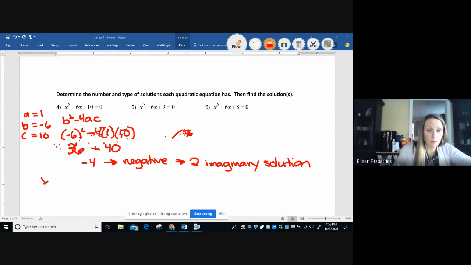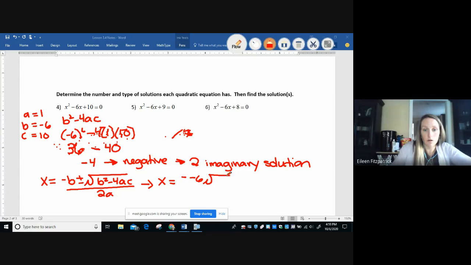Because the quadratic formula is -b plus or minus the square root of b squared minus 4ac all over 2a. Well, we already did this part of it. That's what this work was. So I already know underneath the radical is going to be a -4. So I have x is equal to, and I'm going to plug in the b value now, -(-6) plus or minus the square root of -4 over 2 times 1.